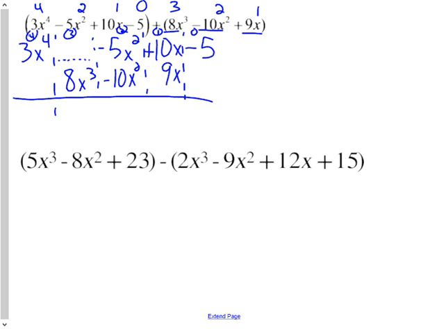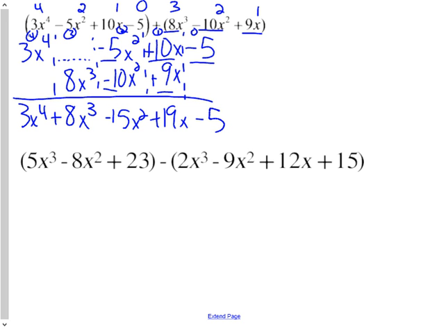So now bringing down anything that didn't have an adding, so we got 3x to the 4th, 8x cubed, and now minus 10 minus 5 is minus 15x squared, 10 plus 9, 19x, there's a plus, and then minus 5 just comes straight down. And there's our resulting polynomial. Easy as adding.